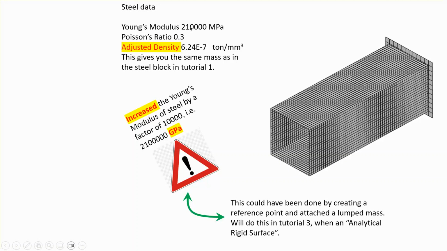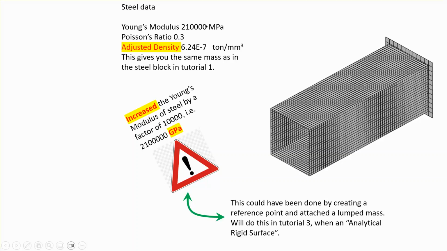You will see that when I solve that problem, the steel plate deforms so much that it really loses its equivalency to tutorial 1. So I will come back, after I run it and show you what happens, and increase the stiffness of the steel by 10,000 times. Remember, we are not interested in the steel, we are interested in the crushing of the tube. So we will do that later.